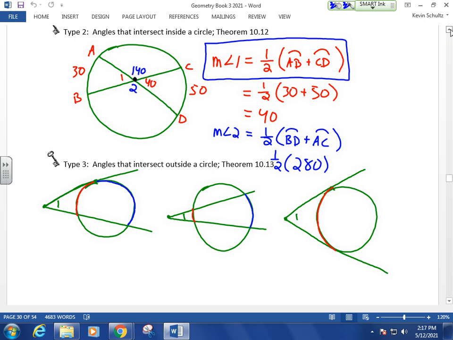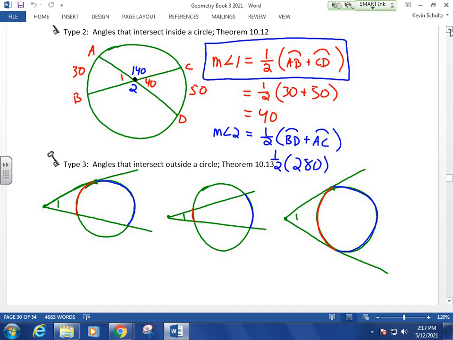The small arc is the arc created closest to the vertex. The big arc is the arc created on the other side of the circle, after that point of intersection.